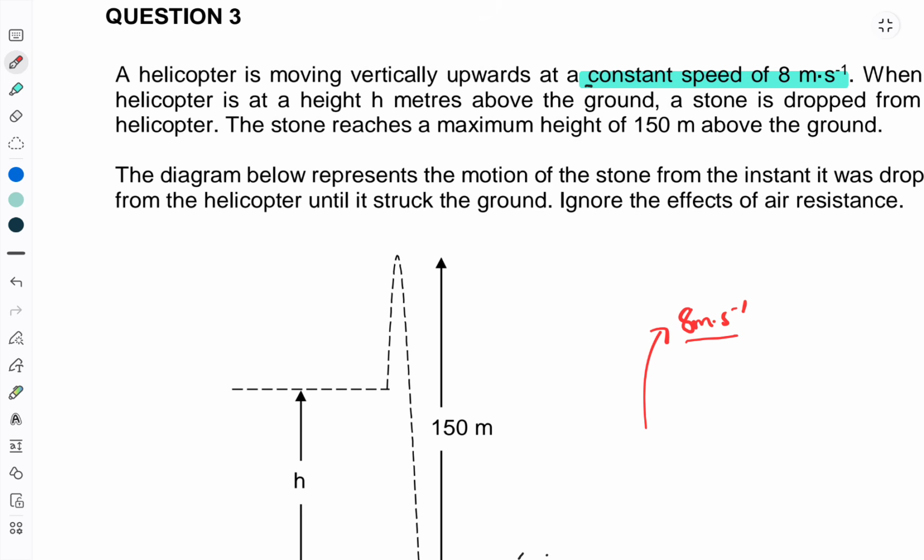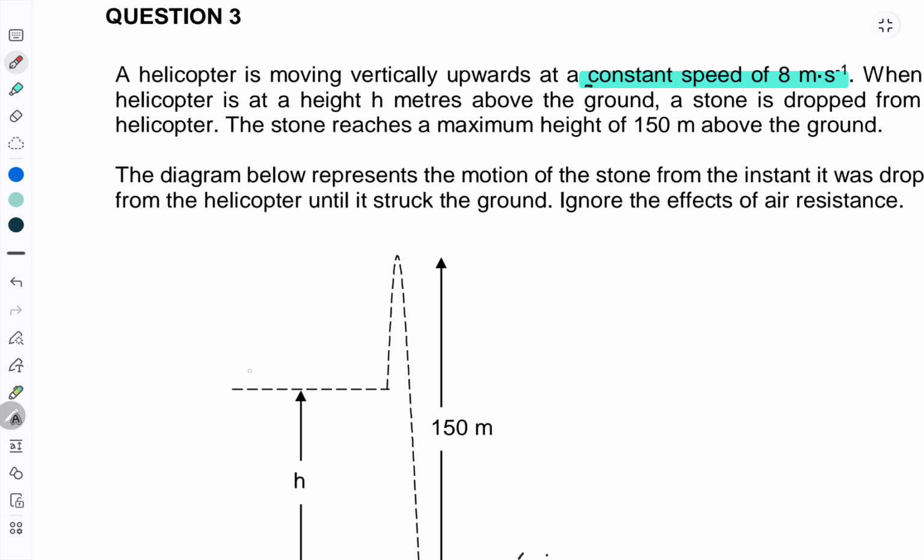So that's the same reason that this stone, if you are dropping it, not throwing it, for a split second, of course I'm using layman terms now, but for a brief moment, it will just move up at that speed at which your vehicle is moving, which is the helicopter in this case, and then it will run out of that momentum, and then it will come back down, and start going down from that moment onwards. Okay, so that's the first thing.